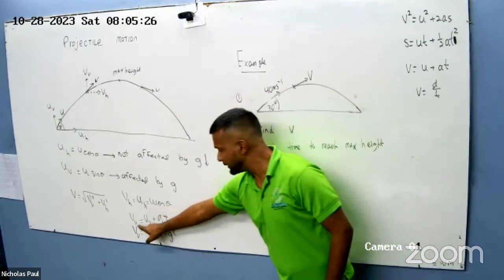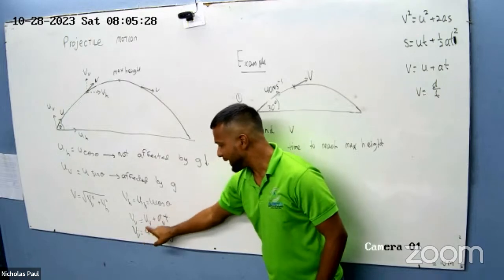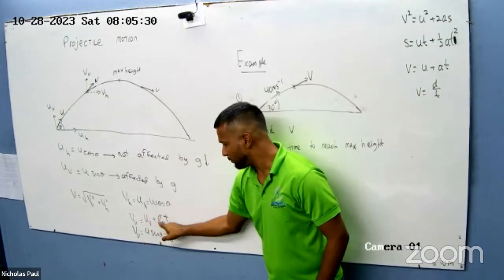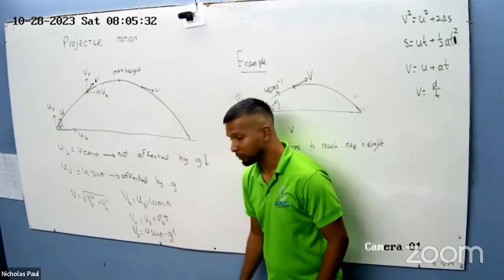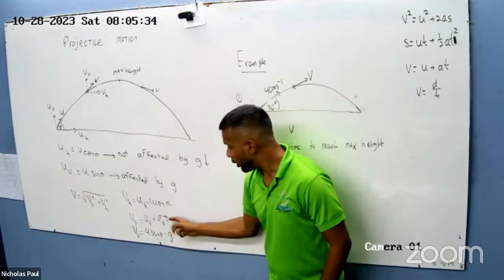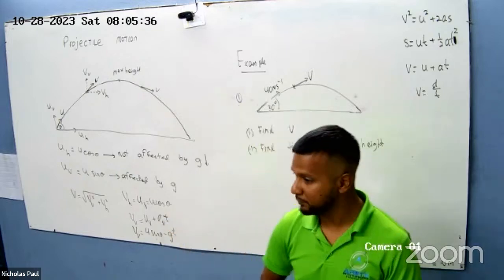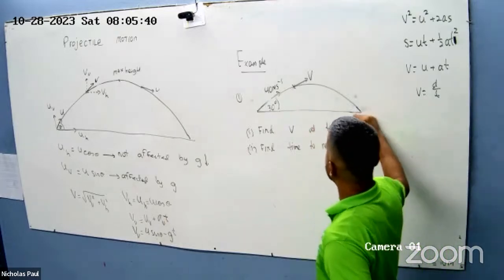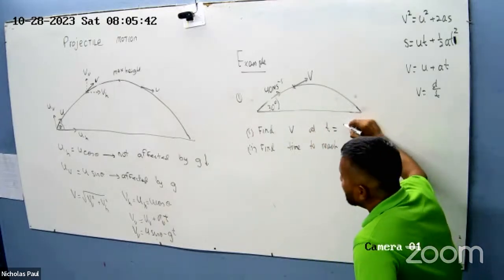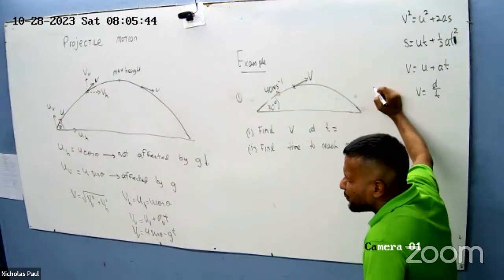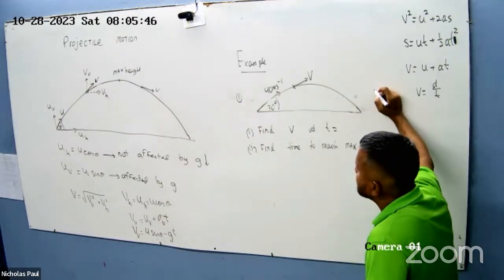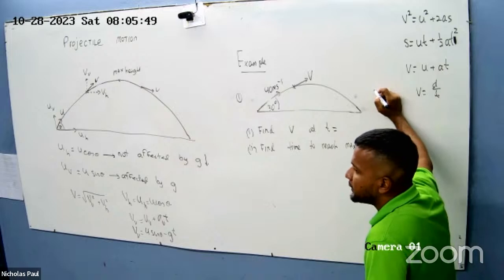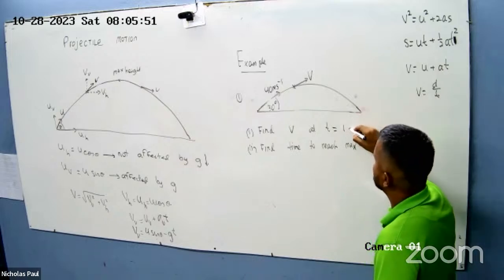To get the vertical component, we need the initial vertical and the acceleration, and then work it out. Oh, we don't have t. Sorry. Find V at t equal to 1. Let's hope it works out. 40 sin 30, let's do one side.